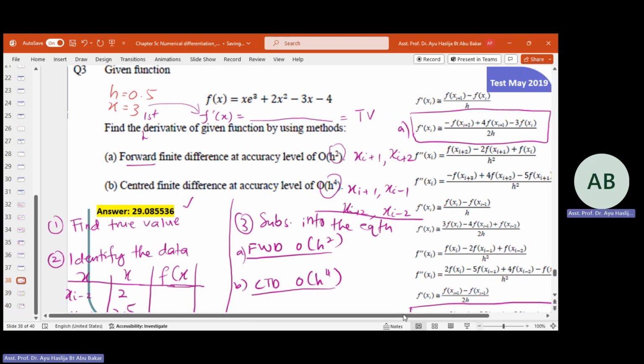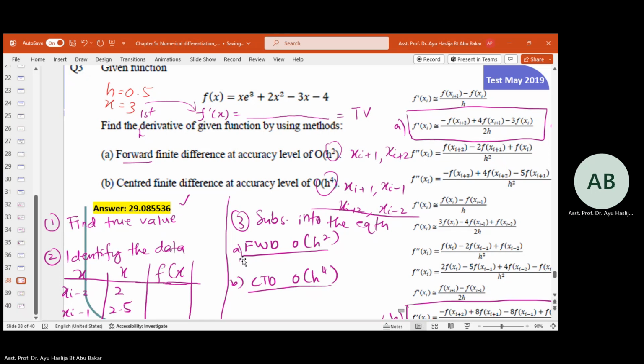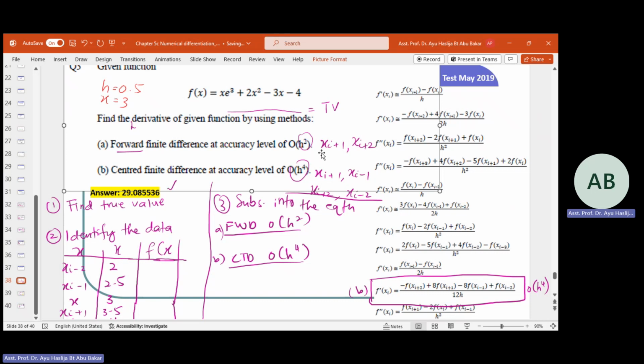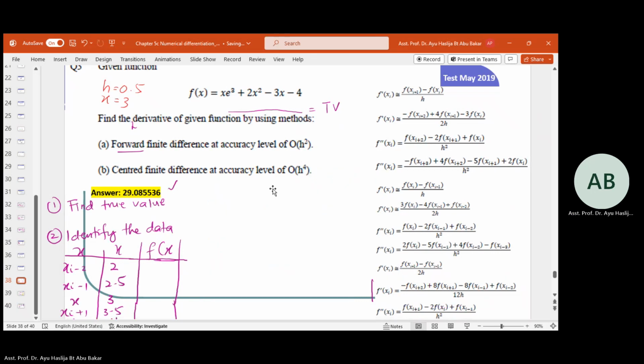This is the test from May 2019. Wait, let me erase first so that you don't get confused. Okay, here it gives you this function. Find the derivative of the given function by using forward and centered.